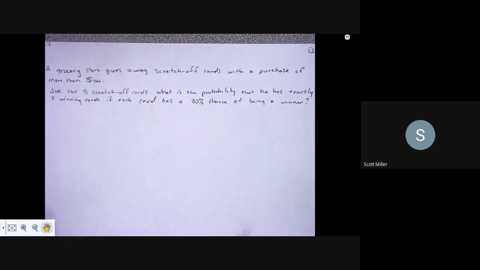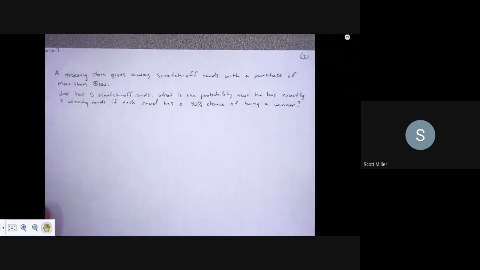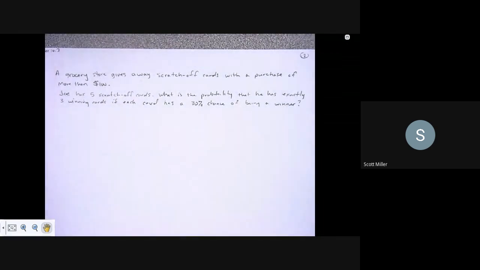All right, let me zoom out just a tad. A grocery store gives away scratch-off cards with a purchase of more than $100. Joe has 5 scratch-off cards. What is the probability that he has exactly 3 winning cards if each card has a 30% chance of being a winner? Well, the first thing is, is this a binomial experiment?